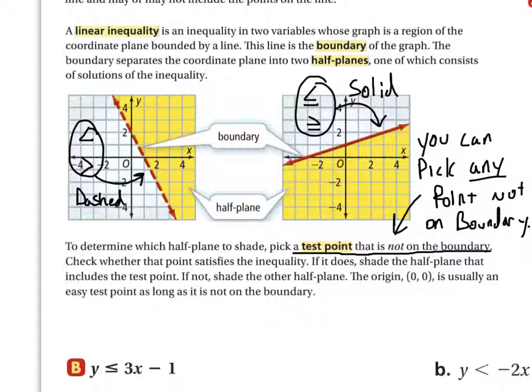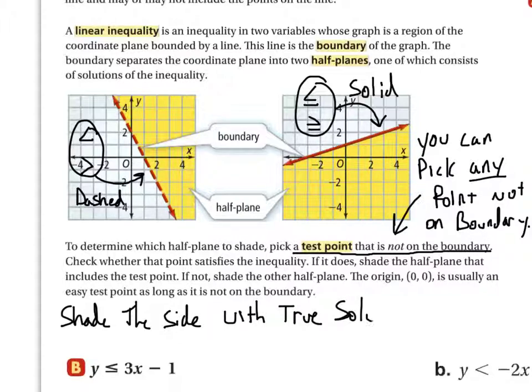If it gives you a true statement, you shade that side. If it gives you a false statement, you shade the other side. Because we always shade the side with true solutions. Always shade the side with true solutions.